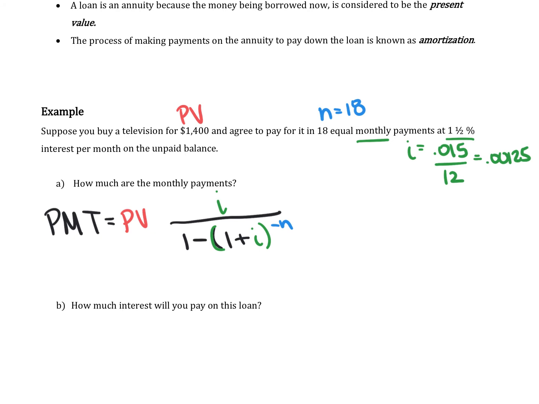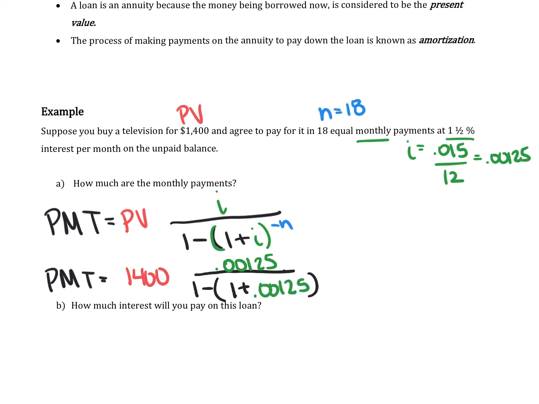And so when I calculate this, my payments are 1,400 times I, that nice value for I that I have there, 0.00125, over 1 minus 1 plus 0.00125 raised to the negative 18.